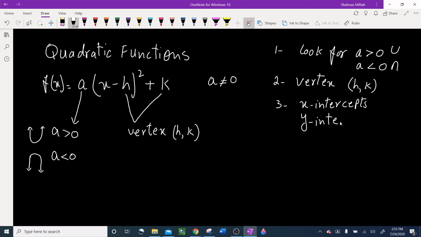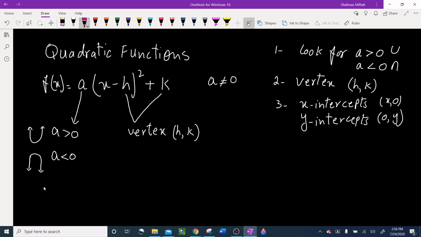You should know that x-intercept means when y is 0, and y-intercept means when x is 0. This is the ordered pair that I always write, x-intercept, y-intercept, so I have it in front of me and I don't forget.